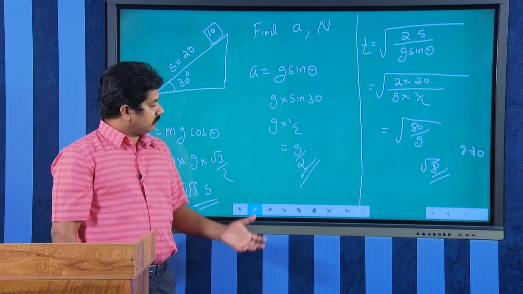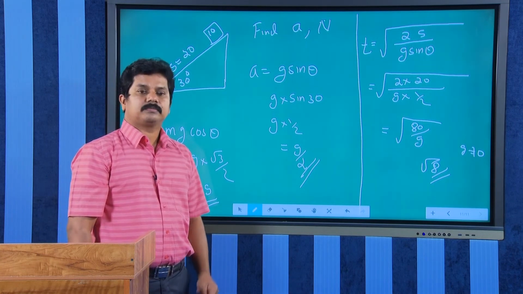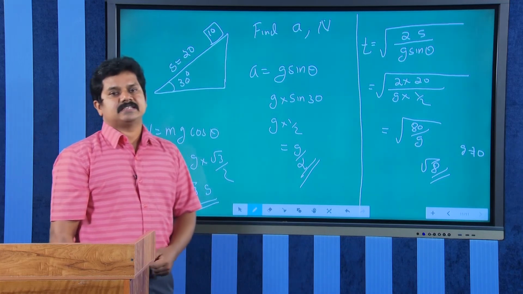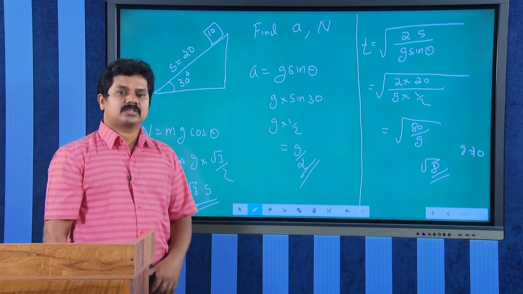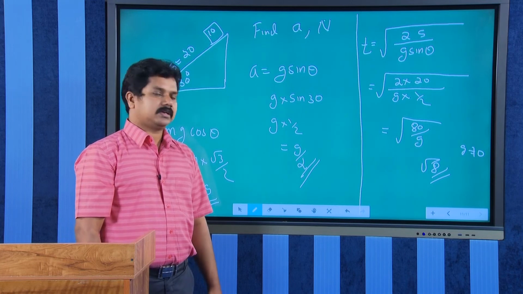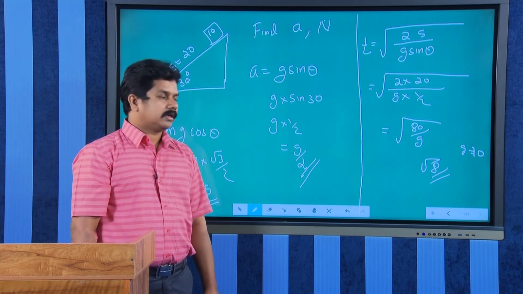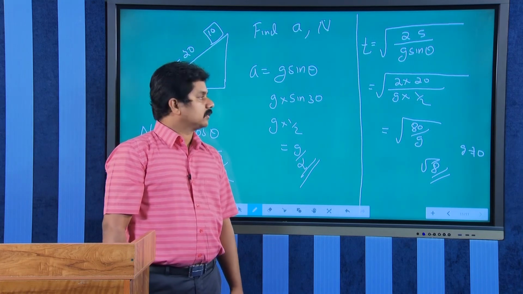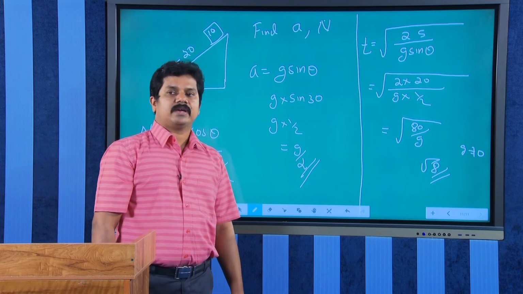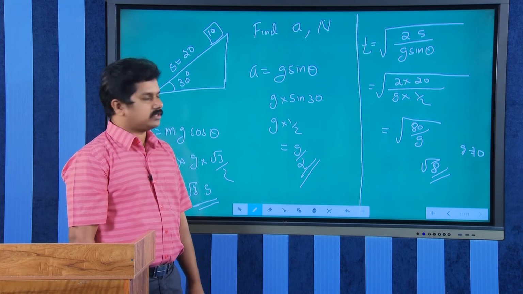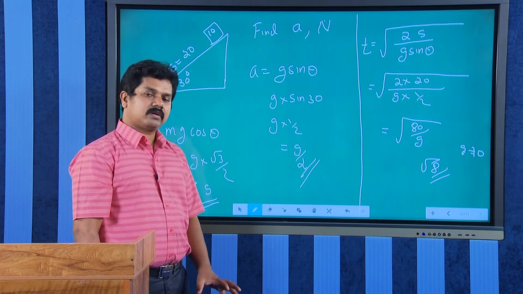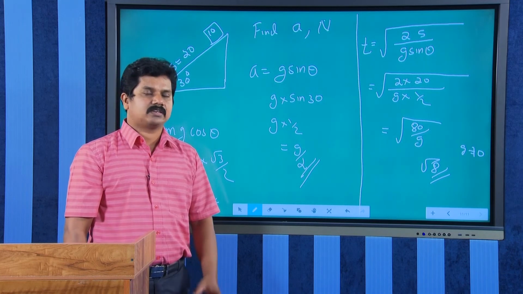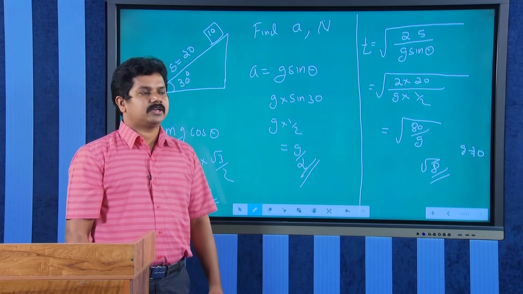In this session, what are the results we get? In the case of motion along a plane, the acceleration is g sin theta, and the normal reaction is m g cos theta. And in the case of motion over a pulley, the acceleration is m1 minus m2 by m1 plus m2 into g, that is, the difference in mass by the total mass into g.